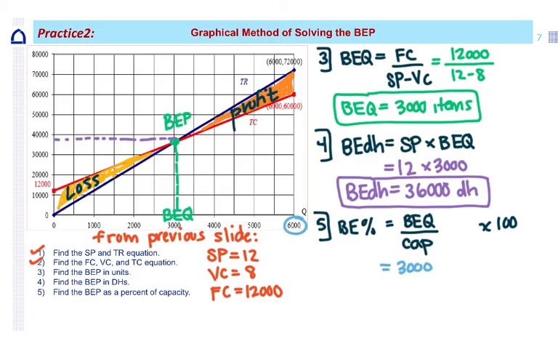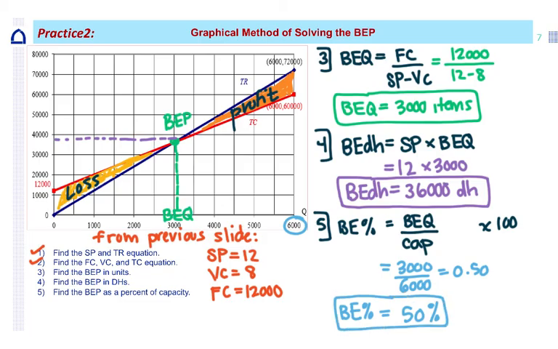The capacity is the end point of the x-axis, so the maximum we could sell is 6,000. That's 0.50. If we multiply that by 100, we get 50% as the break-even point as a percent of capacity. If we sell less than 50% of our items, we have loss. If we sell more than 50% of our items, we have profit.